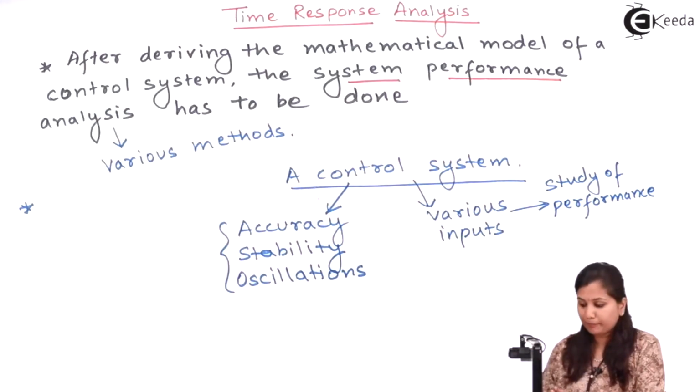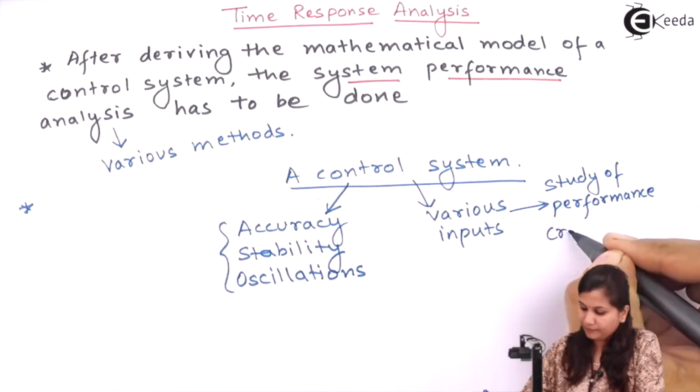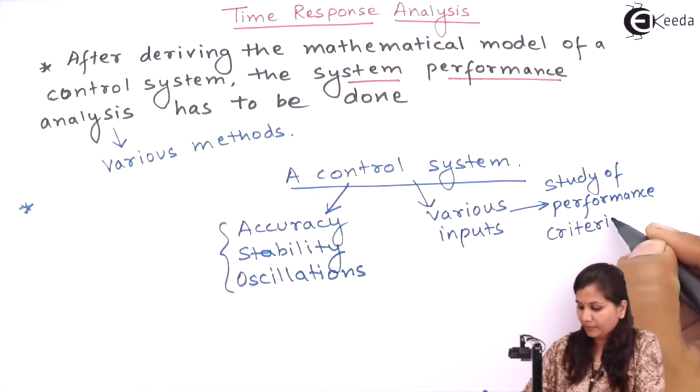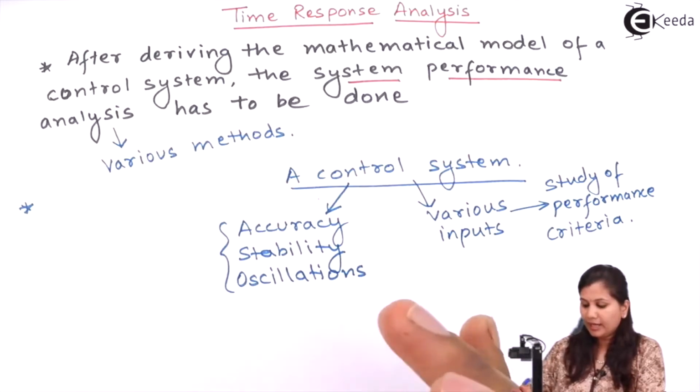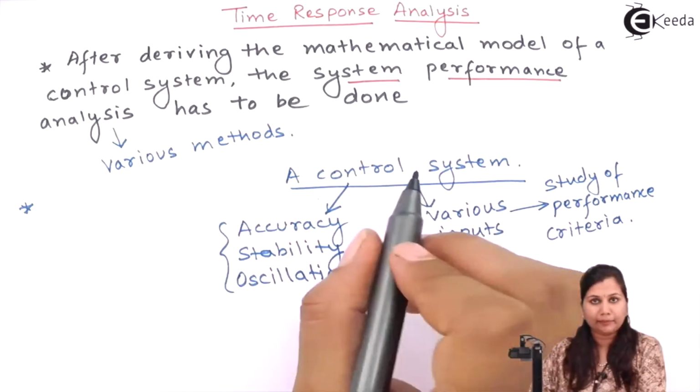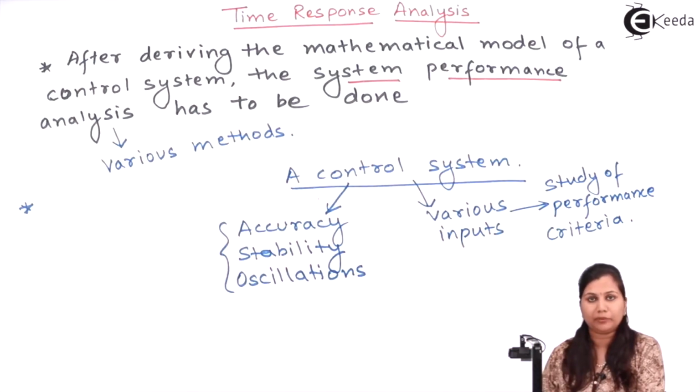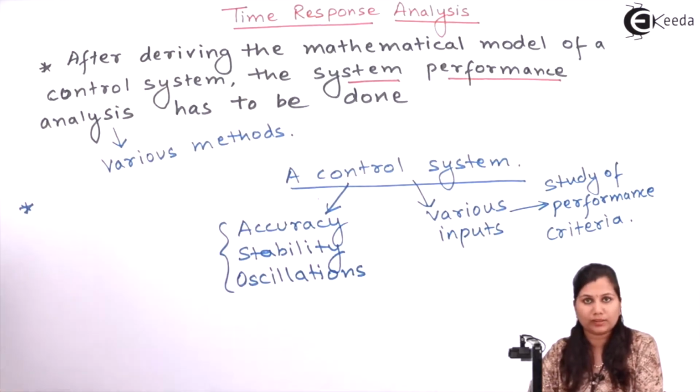Now if we want to compare two control systems, then we will apply a single input. Suppose we have taken an input signal and we apply that input signal to both the control systems.